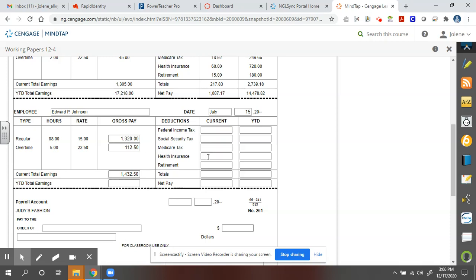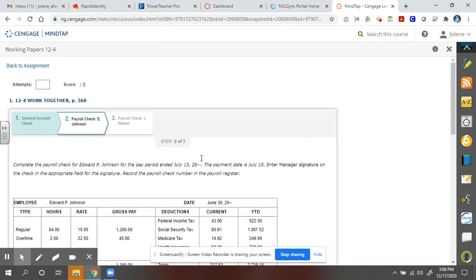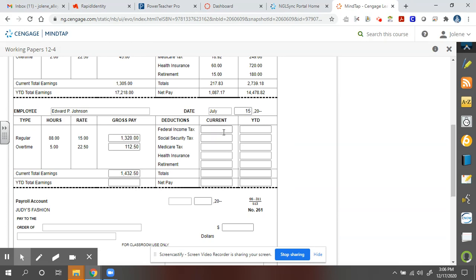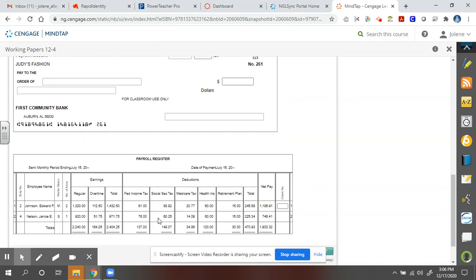Now, we have to figure out what his deductions are. This is his pay stub, so he takes this home to see how much has been taken out of his checks. I don't know why they put the payroll register at the bottom, but they did. Edward had $61 going to federal income tax. Social Security this time is $88.82.